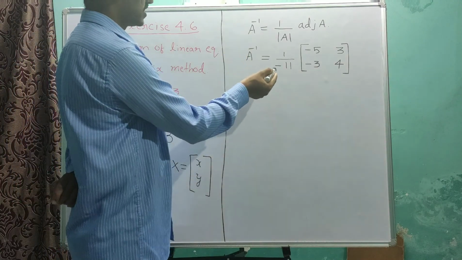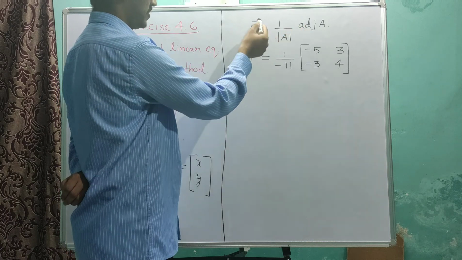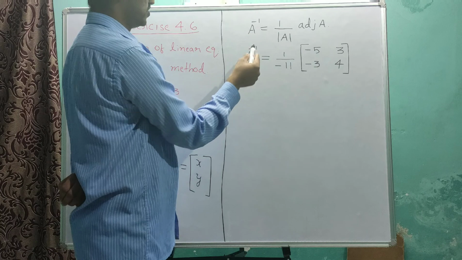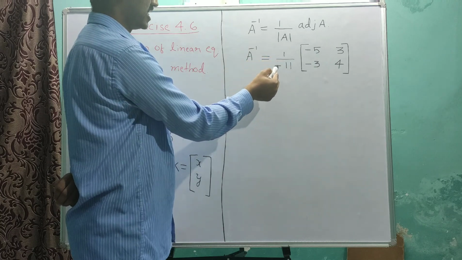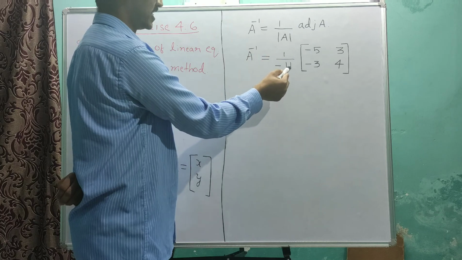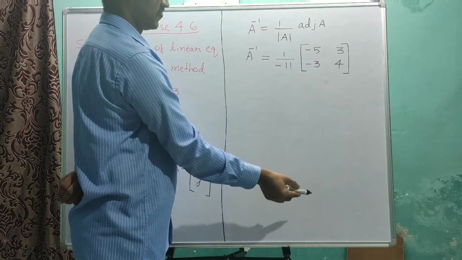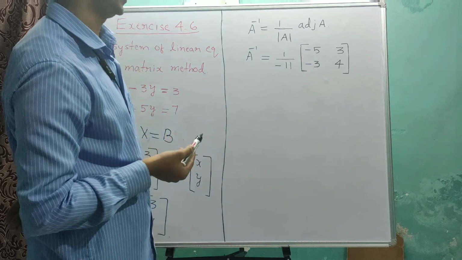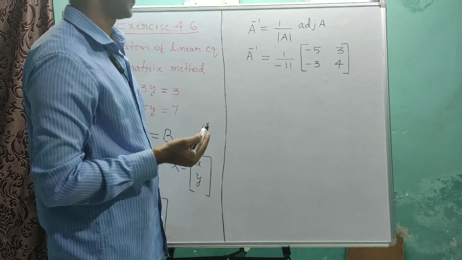If you substitute the value of determinant of A as well as adjoint of A in A inverse, we get A inverse as 1 by determinant of A, which is minus 11, into the adjoint of A which we calculated in the previous step.